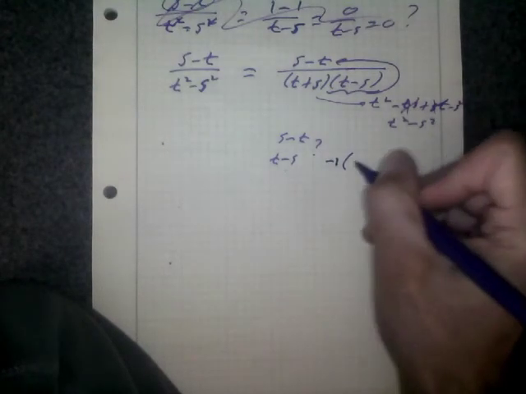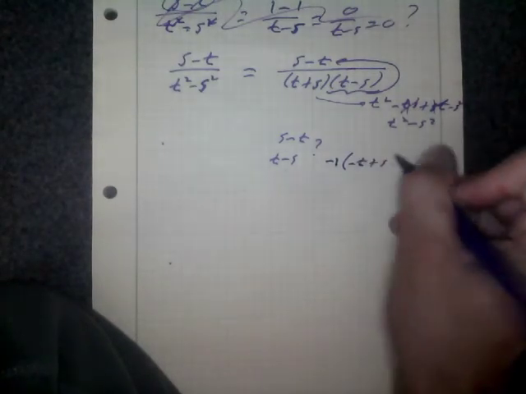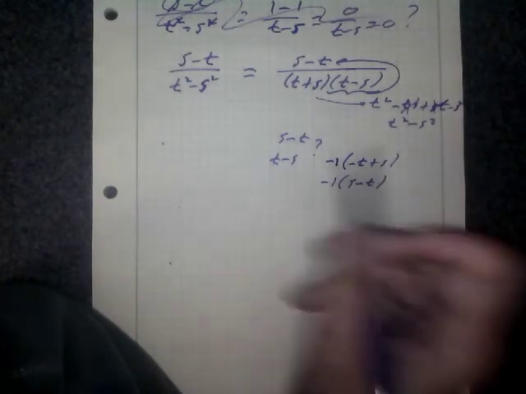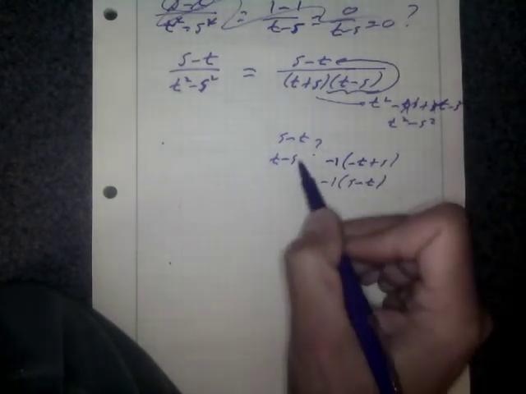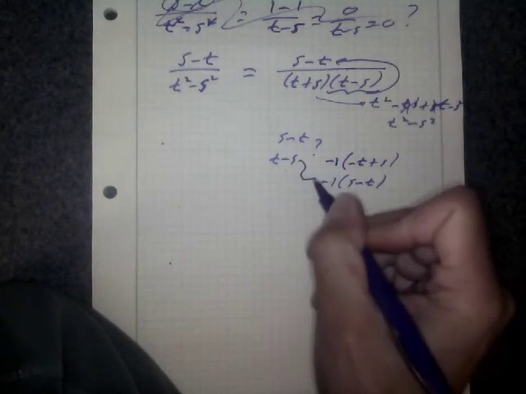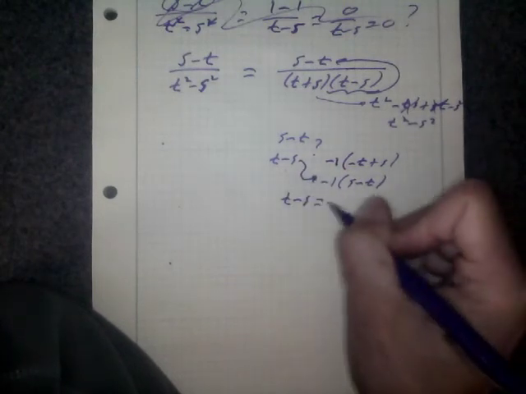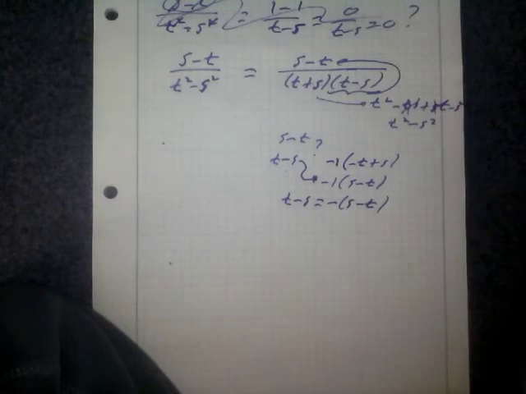What I'd get is minus t plus s, or if I rearrange the terms, I'd get s minus t. So the term t minus s is exactly equal to the negative of s minus t.